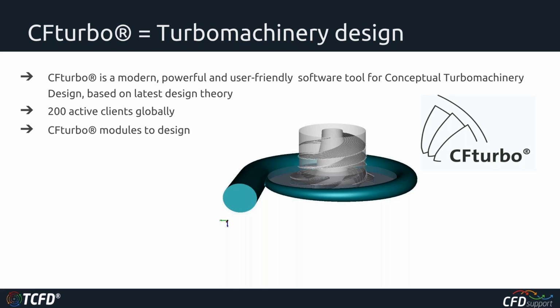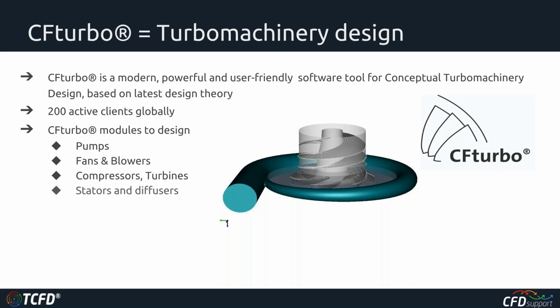Right now, we have more than 200 active clients globally, and the modules I just talked about are those for pumps, both centrifugal as well as axial. We have fans and blowers, we have compressors and turbines, and of course we have the complementary components for those machines, which are stators and diffusers, and of course volutes.